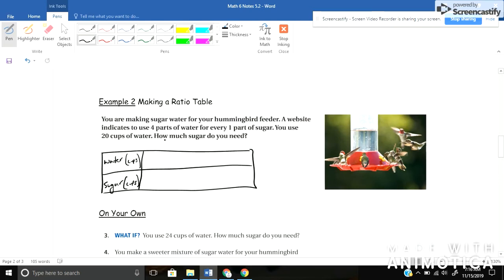And it tells me that the website says I need 4 parts water, okay, for every 1 part sugar. Okay, and in the end, it says that I use 20 cups of water.